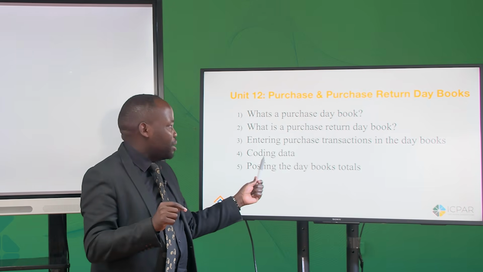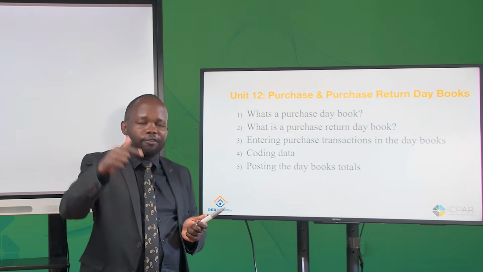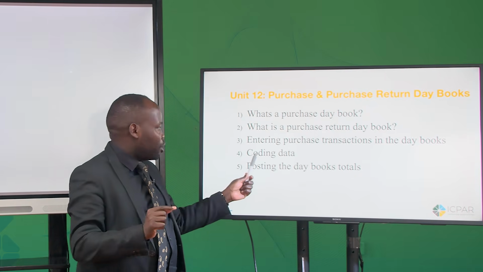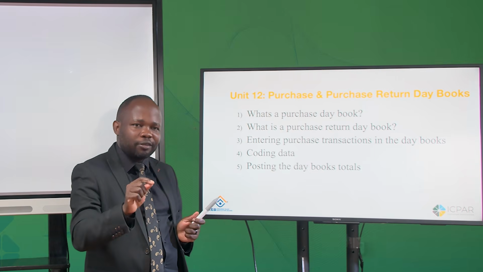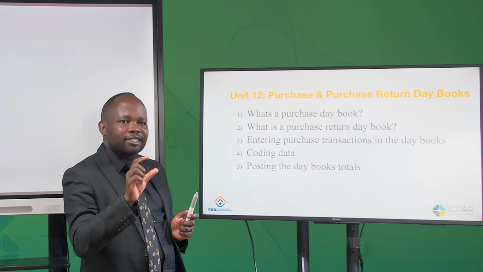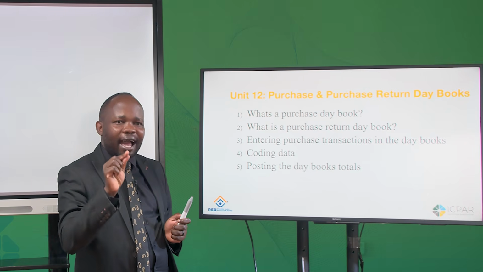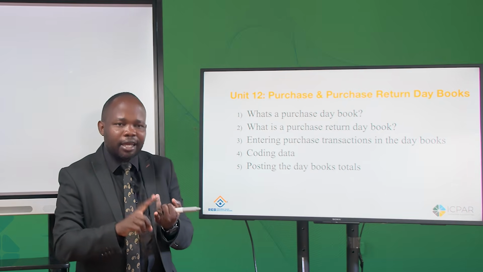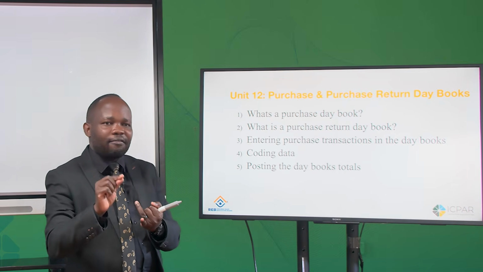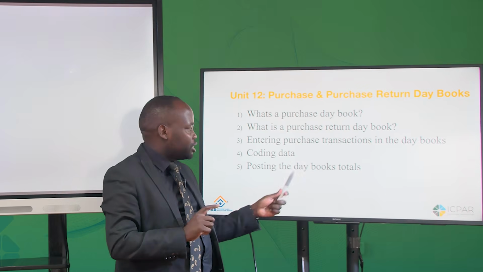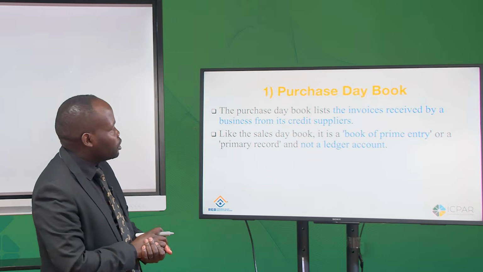So in coding, I may not explain much because I've already explained codes in almost each of the chapters. So coding, every transaction, every customer, every supplier must be given a unique identifier, especially now that we are dealing with suppliers. Every supplier must have a unique identifier, which is called a code, and posting the day book totals.